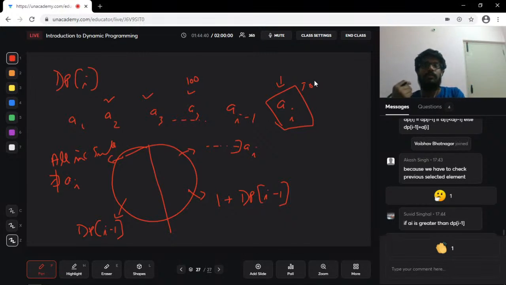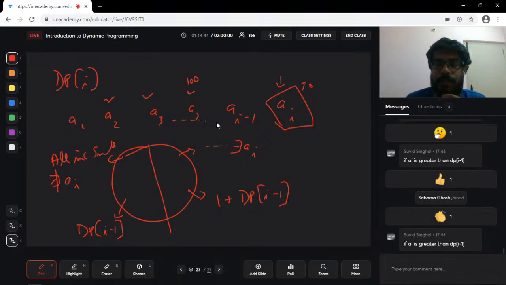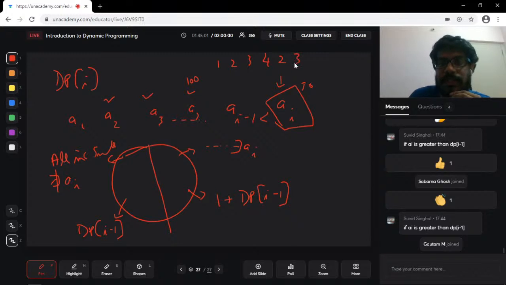But then how do I know this? One thing that many people are suggesting is consider AI minus 1 and AI. But that also doesn't help, right? I mean, AI minus 1 could be less than AI, right? Consider the sequence 1, 2, 3, 4, 2, 3.